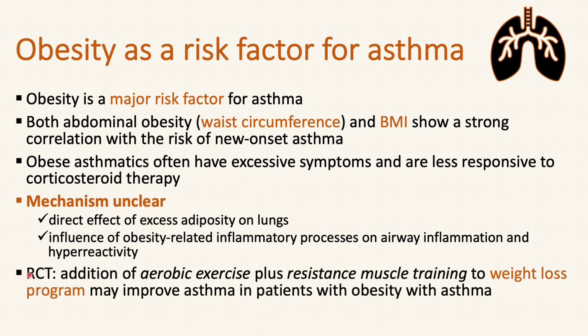One randomized controlled trial found that adding aerobic exercise plus resistance muscle training to a weight loss program, which we always recommend in patients with obesity, might improve asthma in patients with obesity and asthma. So it has some therapeutic implications as well. Keep that in mind when you're taking the history of patients with asthma, and look at their weight gain, waist circumference and BMI when you're evaluating them.